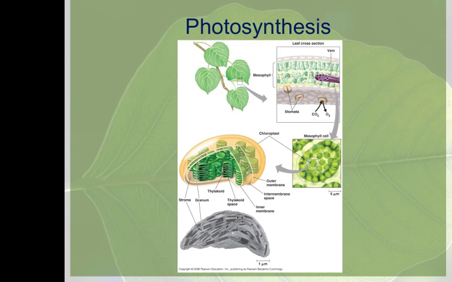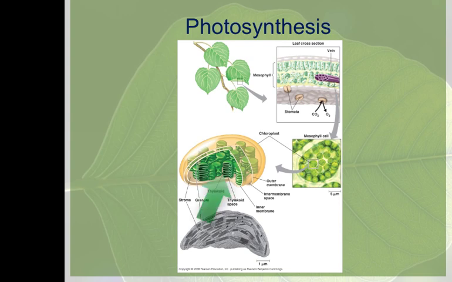Also for lab, you need to know precisely where in a leaf photosynthesis takes place. Look at the structure of a leaf from the large scale to the small scale. You know from previous labs that leaves have a tissue called mesophyll in between the upper epidermis and the lower epidermis. In the mesophyll there are organelles called chloroplasts, and each chloroplast has an outer membrane and an inner membrane.